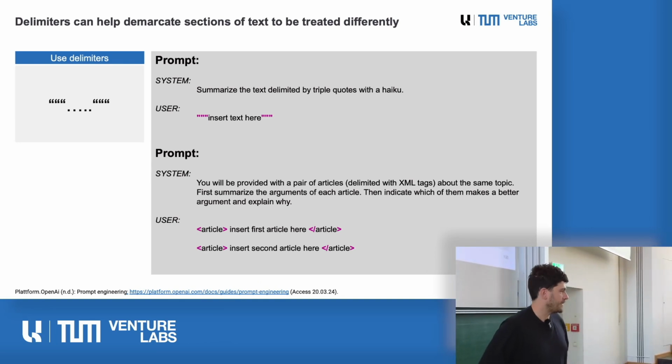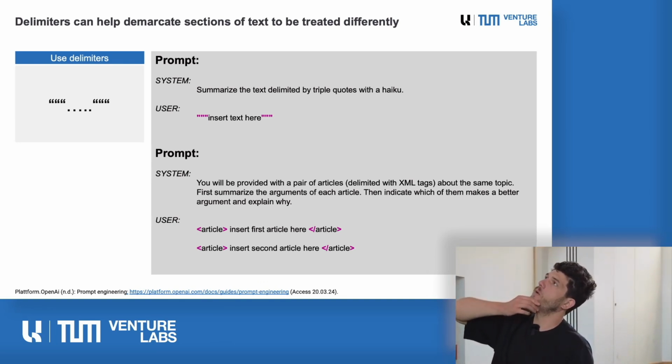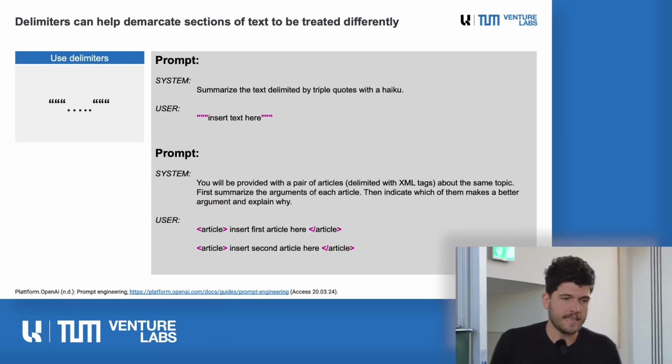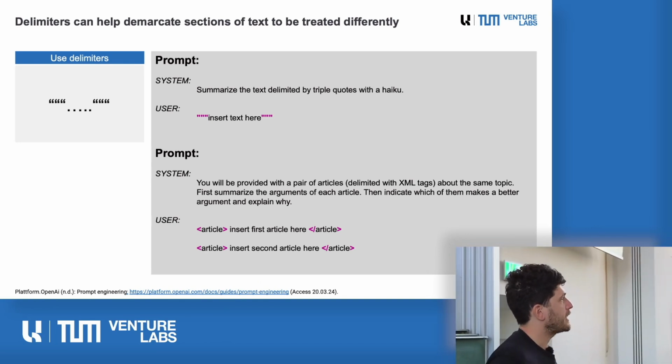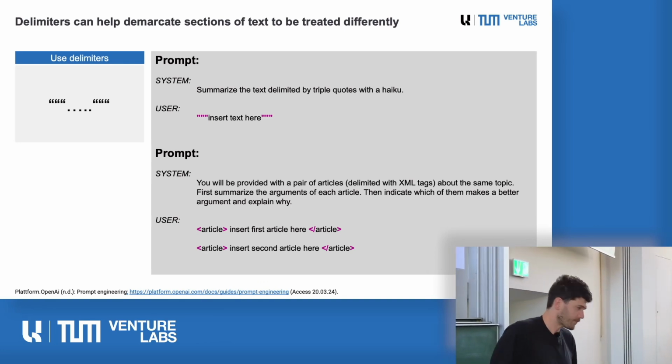On the other hand, if you give it delimiters like triple quotes or triple backticks or anything really that is unique, then it will make it very, very easy to understand what is the piece of data that you want to be manipulated. Very easy thing.